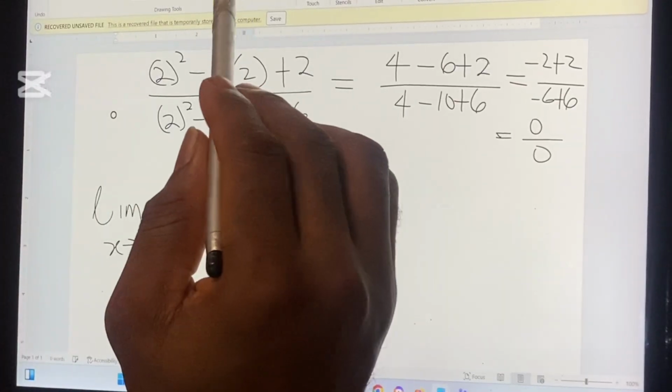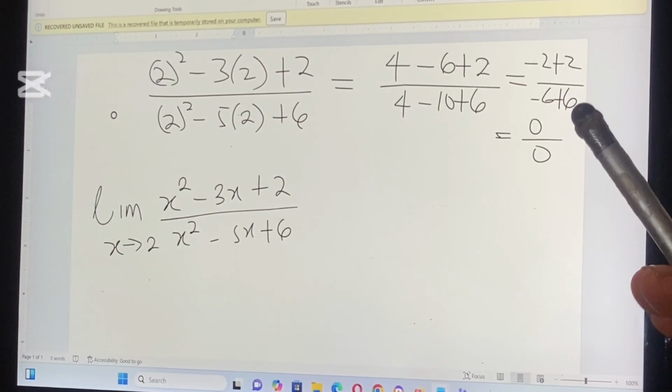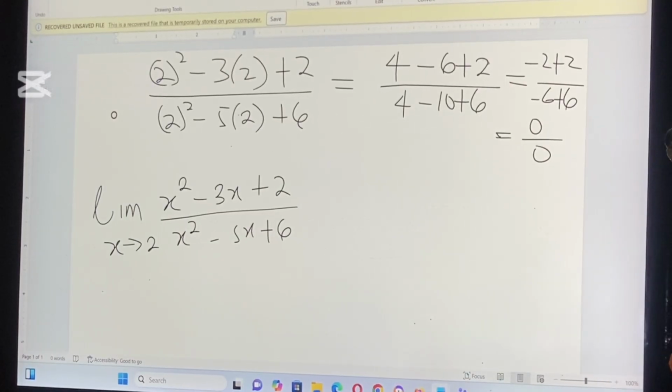Class, whenever you want to factorize a particular expression, it must be a quadratic or a polynomial. That is, any expression with s raised to the power of 2 and above can be factorized. Please take note. But if it's an expression with s raised to the power of 1, we can't factorize that.